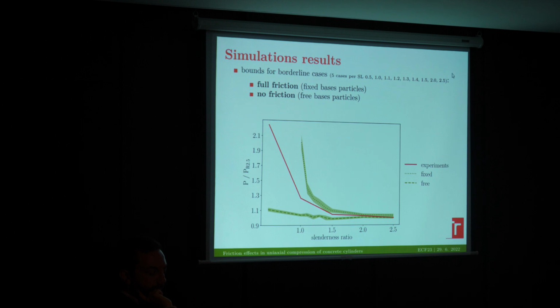Yes. The specimens you used were of constant diameter and increasing length. Did you consider perhaps the influence of size effect? Because if I see your model for zero friction provides almost constant results, which means that there is no size effect. Yes, well, the importance of size effect.